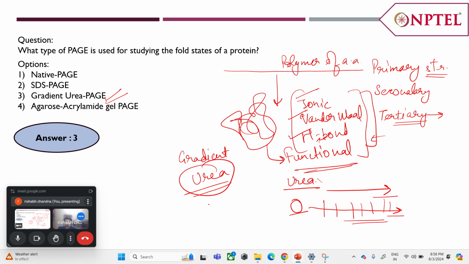And we apply urea in different amounts, that is, we form a gradient, so that we can study the different folding states of a protein, how it is being folded upon itself and how the mechanism of folding takes place basically. So is it clear now?